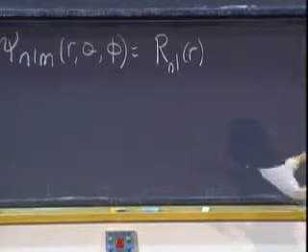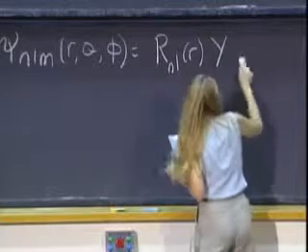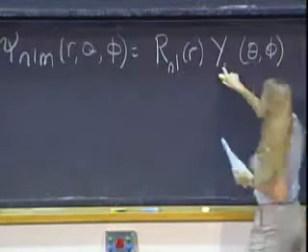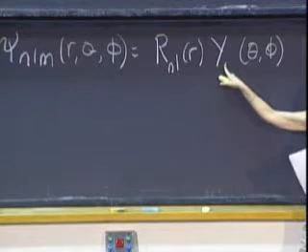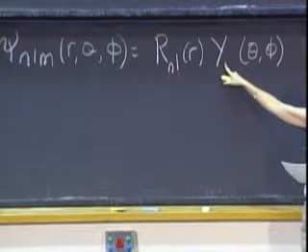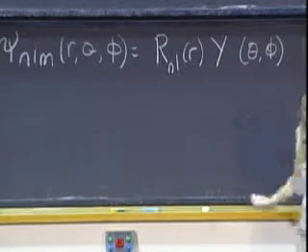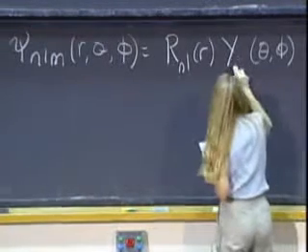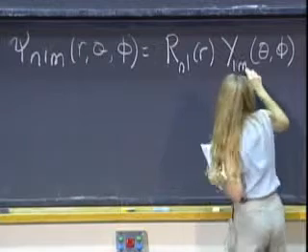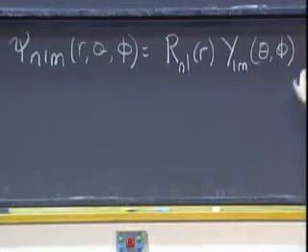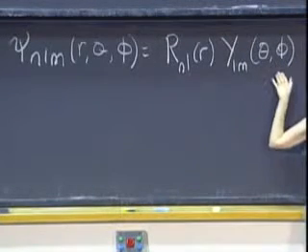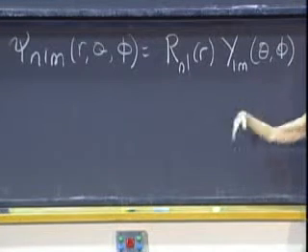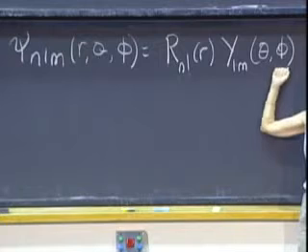The function that is a function only of the angles, theta and phi, we're going to call Y. This is the angular part of the wave function, and it is labeled by only 2 quantum numbers, but they are l and m. Sometimes for short, we just call it the YLMs. Okay? So there's a radial part and there's an angular part.